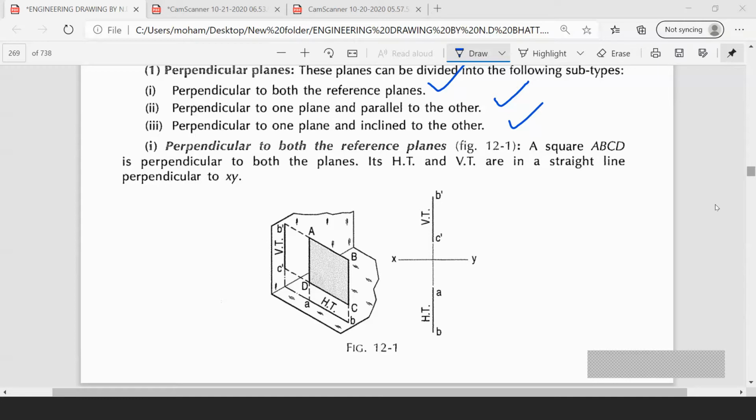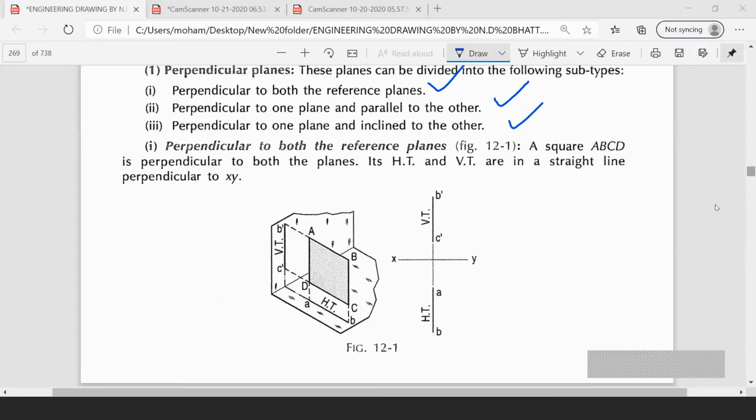When it is parallel to HP and perpendicular to VP, the top view will be the square and the front view will be the line. When I am projecting on the HP, the top view will be the square. When I am projecting on the VP, the front view will be the line.